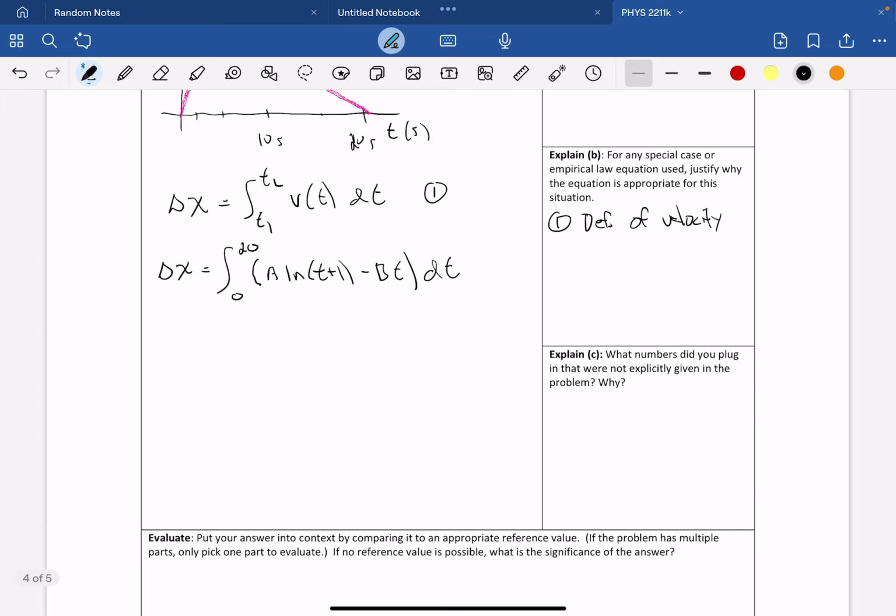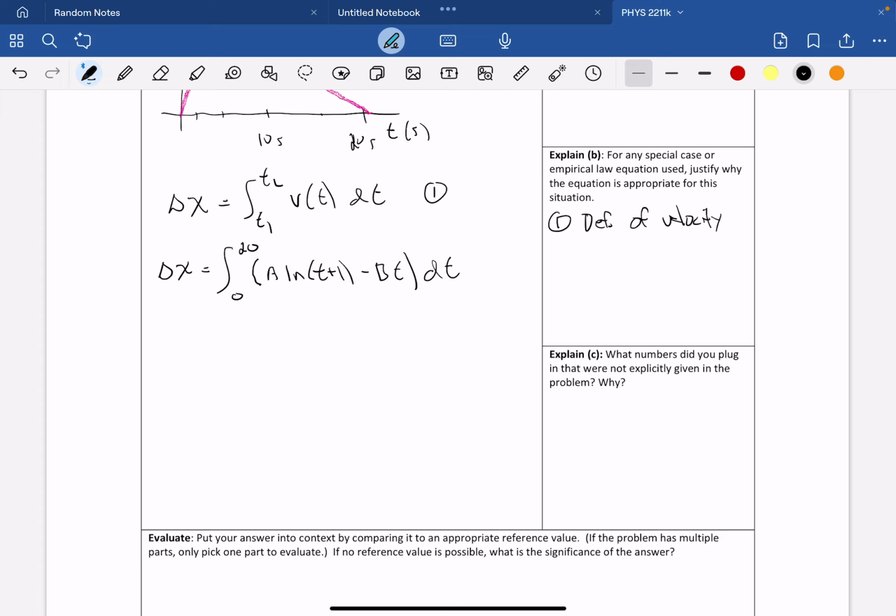Now we have to perform this integration, and to do that, we are going to look up the integral of natural log. The integral of natural log of t is t natural log t minus t. But we're not taking the integral of t, we're taking the integral of natural log of t plus 1.